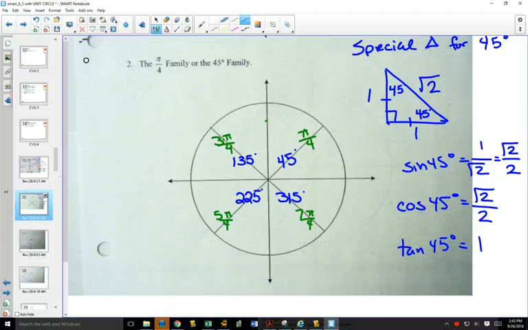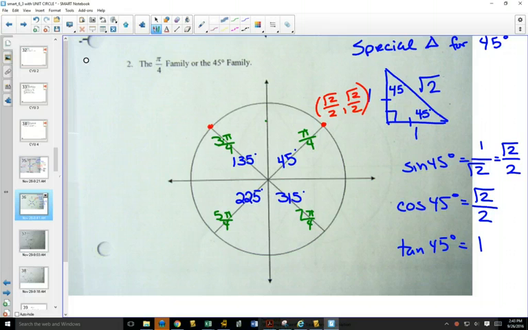But because we have that special triangle, we can now label this coordinate. Because coordinates on the unit circle are cos comma sine, and we know that cos of 45 degrees is root 2 over 2, and sine of 45 degrees is root 2 over 2.